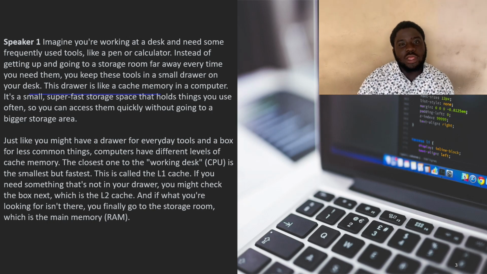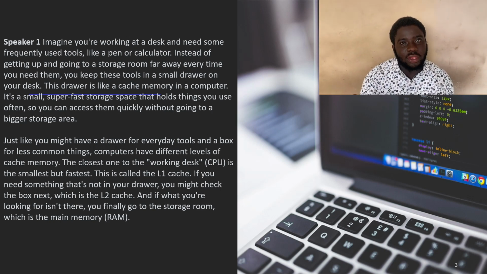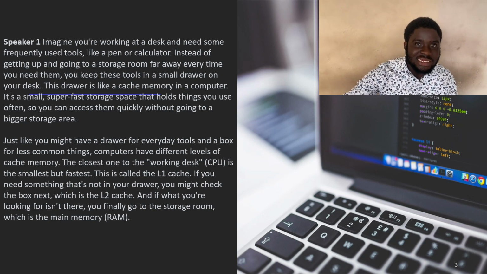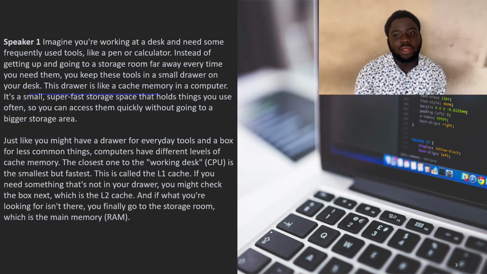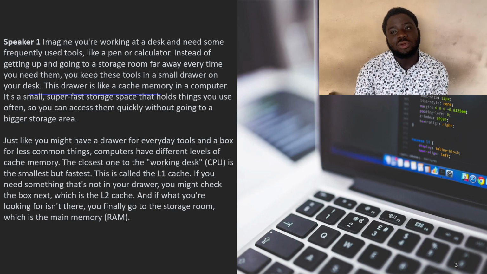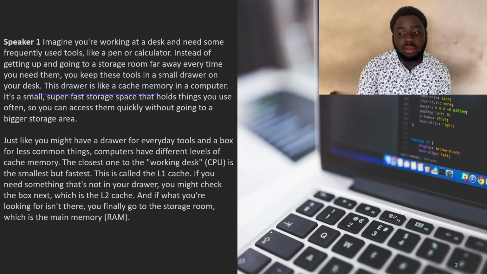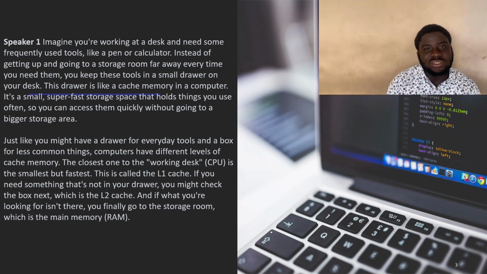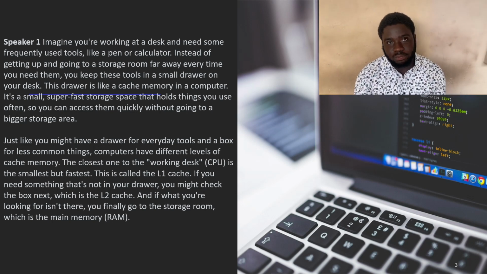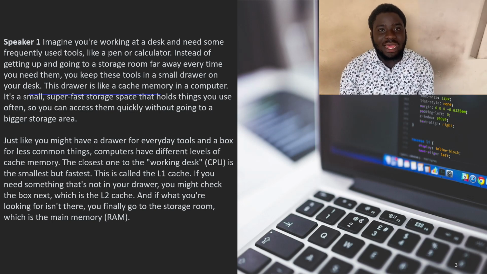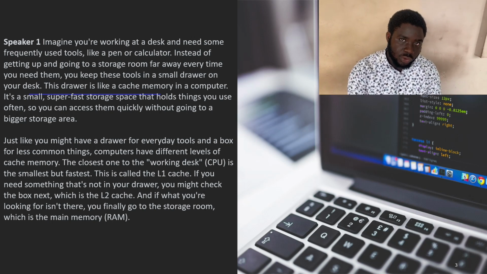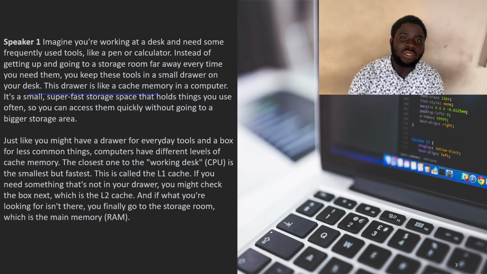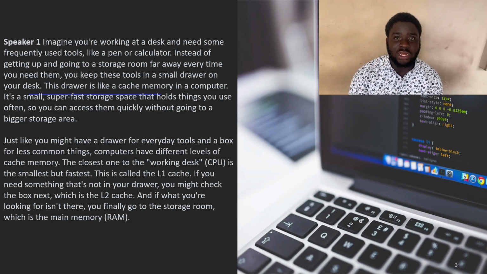Now, listen: when it goes into the main memory to look for the information you've requested, it brings what you requested together with what you might need in the future, and these are stored in the cache memory so that you can access them.